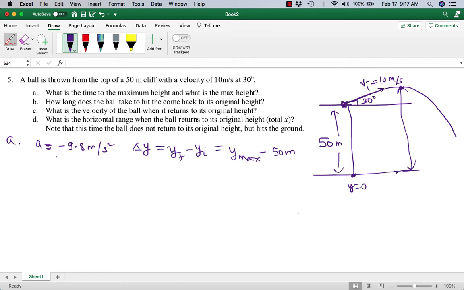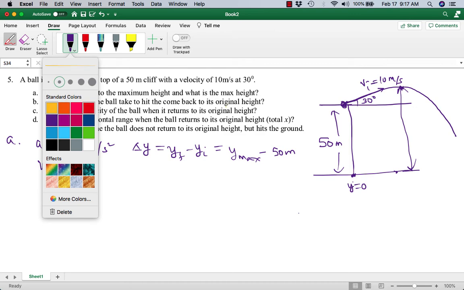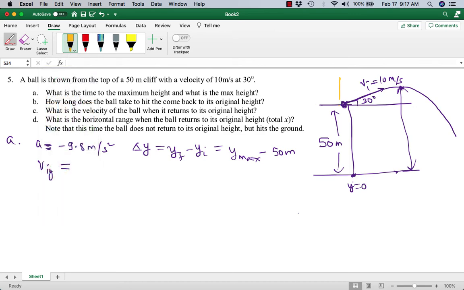And we also have initial velocity in the y direction. So again, you can break this vector into its y component, which would be vi sine 30 degrees, the side that is not touching the angle, and then this side is vi cosine 30 degrees.